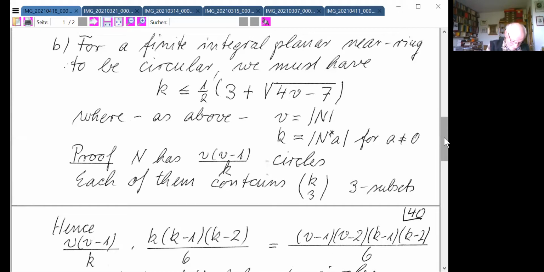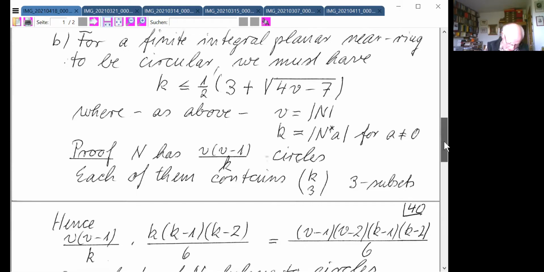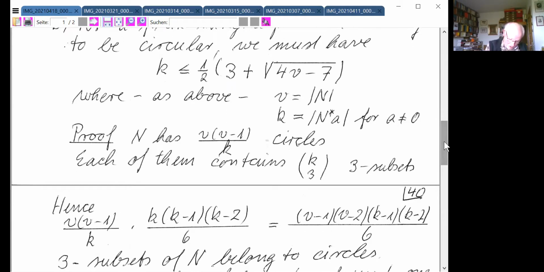Now, how can we see this? N has v minus 1 circles, and each of them contains k points and k over 3 subsets.